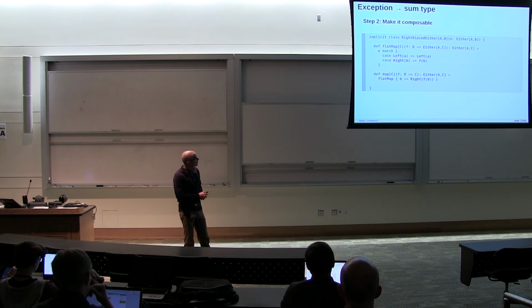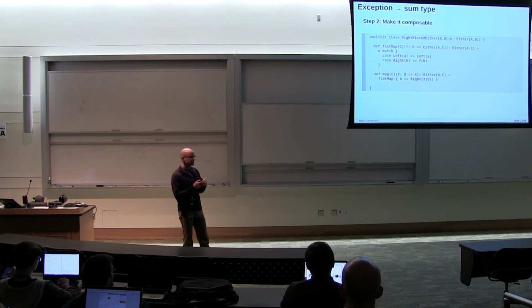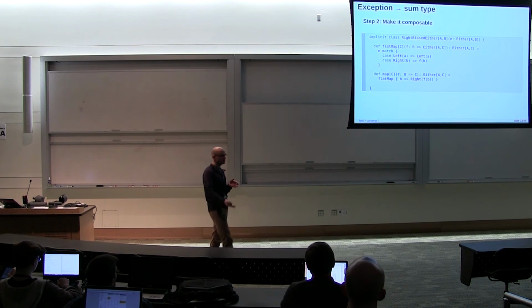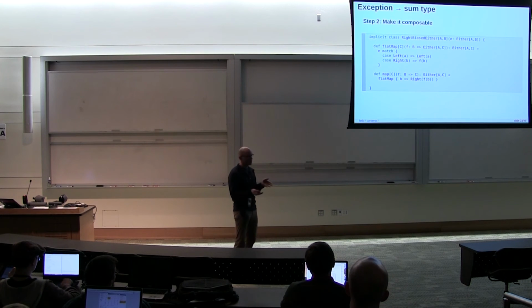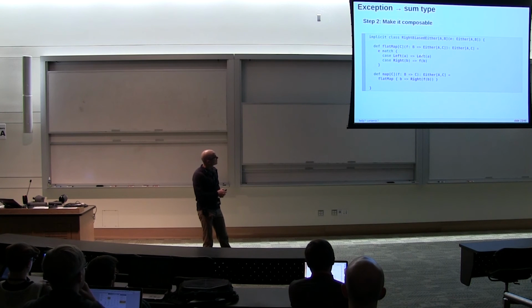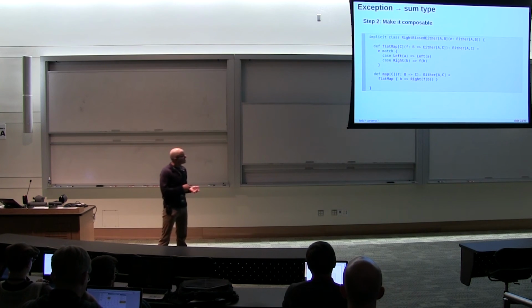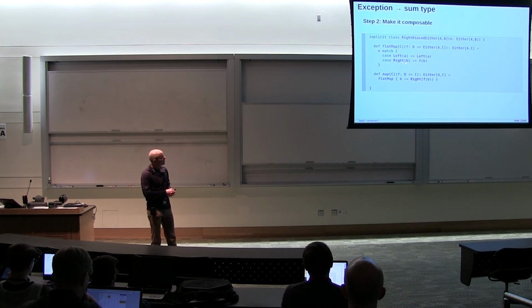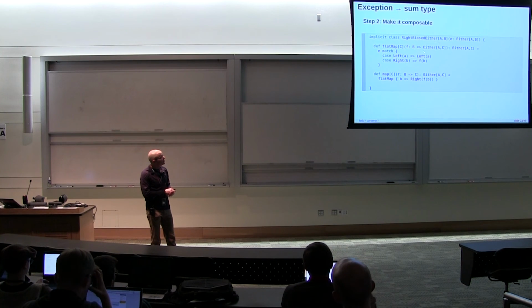So if we have a Left, we have some error, which means we can't continue to do anything interesting with the data because we haven't got data. So all we do is return that same Left. If instead we have a Right, that means we have a Right of a B, and so our flatMap is looking for that B, and it's going to return some new Either.